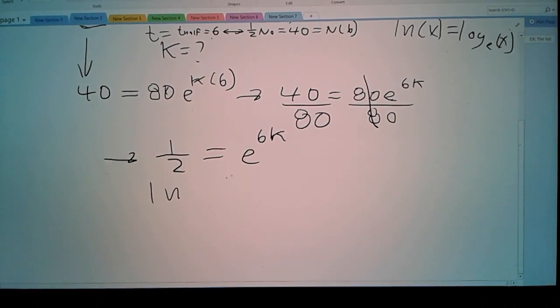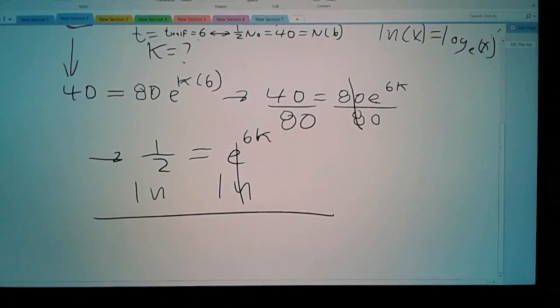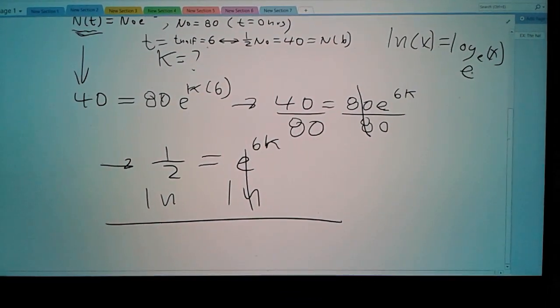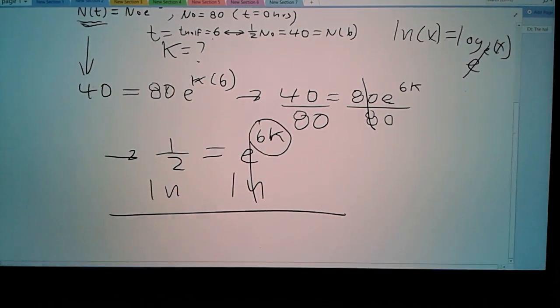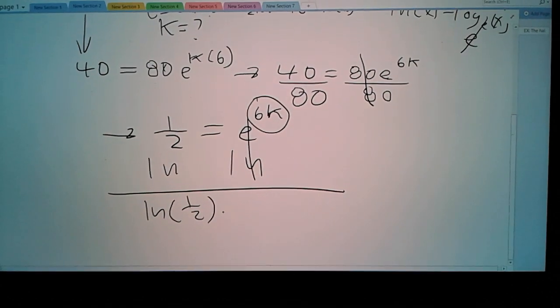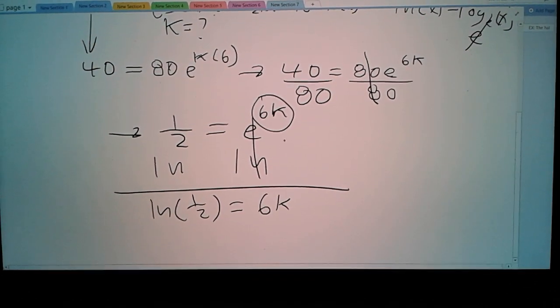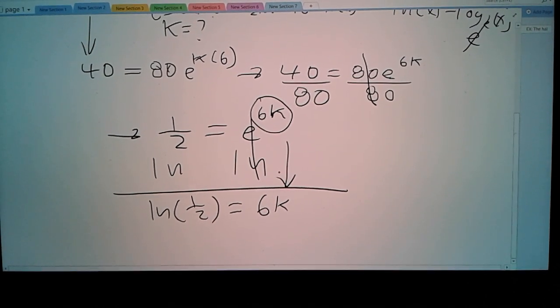I'm going to ln both sides, okay? So you know that ln and e are going to cancel out. We saw that the other day. So if I raise both sides to e, that cancels out. So all I get is the power left here. So I get ln of a half equals 6k on the right.